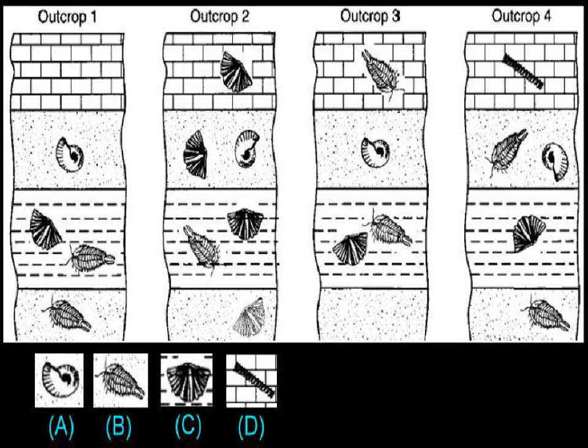It goes across all 4 outcrops, which tells you it was located over a large area. So it didn't live long. It was only in one layer, but it was in all 4 outcrops, which means it was in lots of different locations. So A is our index fossil.